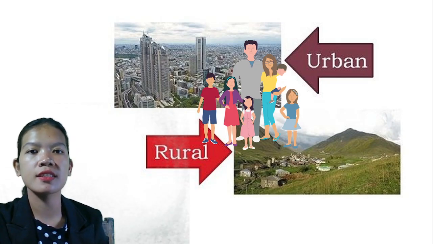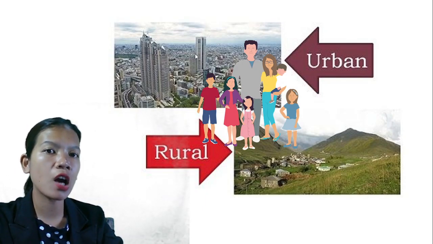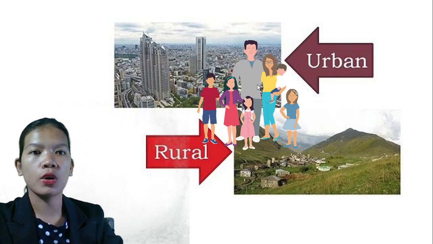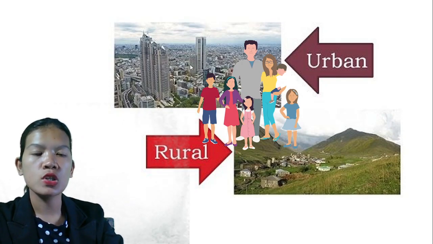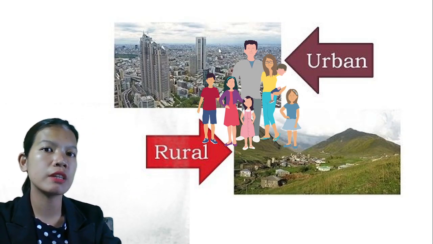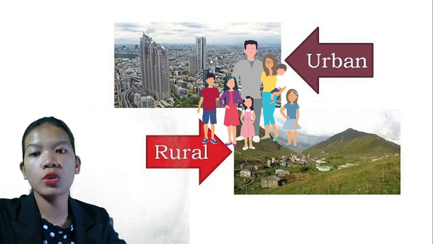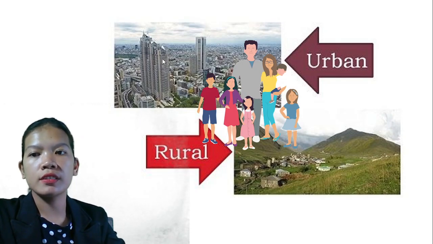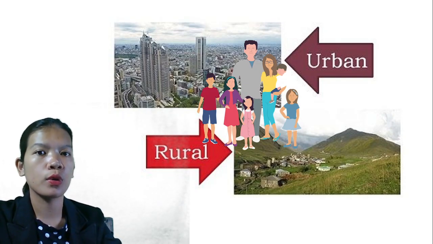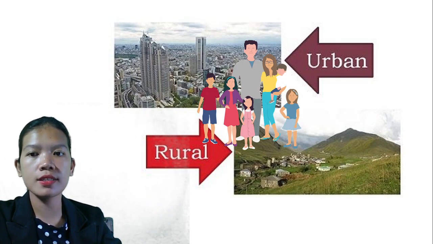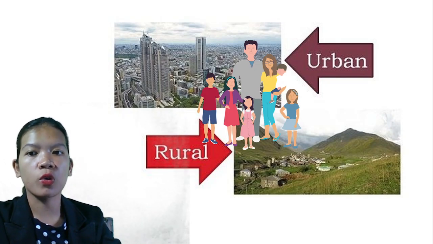Urban and rural families have different perspectives or thoughts in terms of how many children they would have. So let's take a look at the urbanized parents, those parents who live in urban places, like cities. It was said that these parents are educated and professionals, and some or most of these parents desire just one or two children, because each partner is tied down or committed to their respective work or profession.